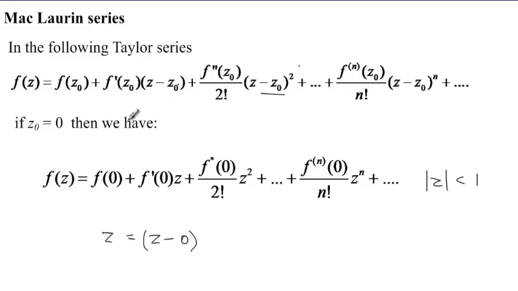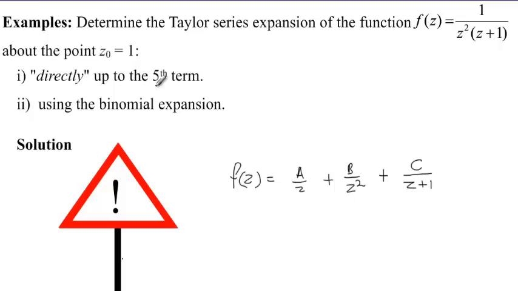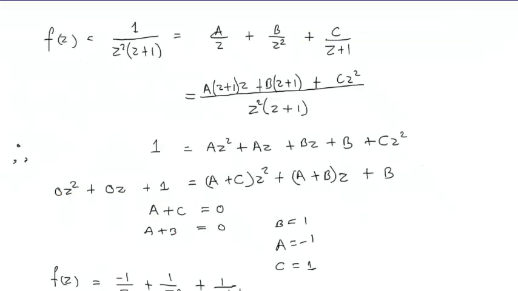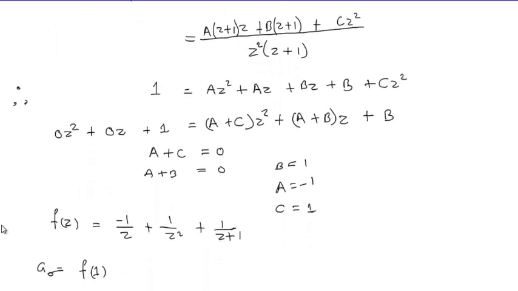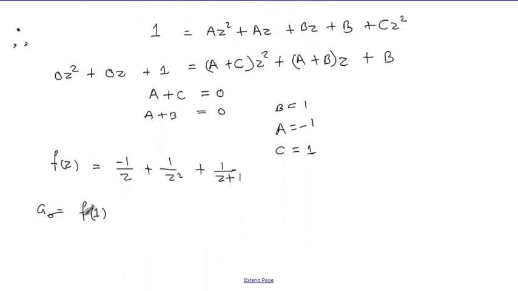In this case, our z0 was given here as equal to 1. So a0 will be f at 1.